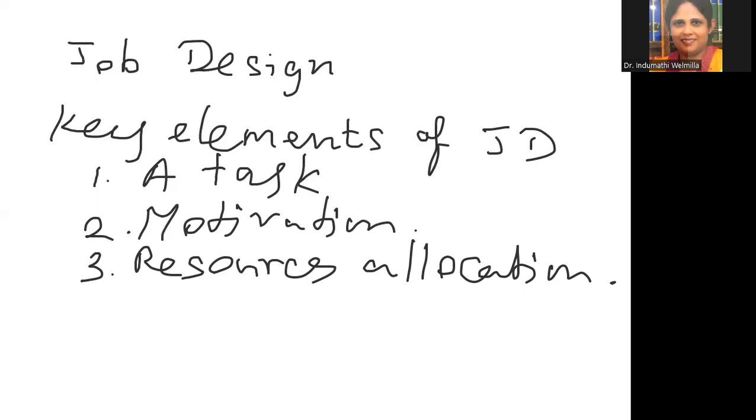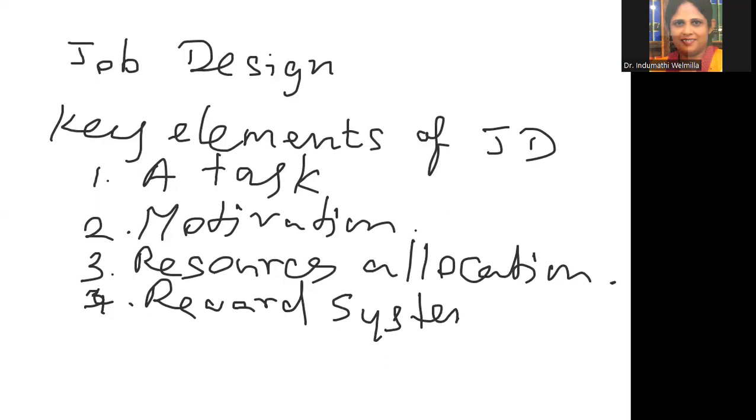Another element of job design is the reward system. The reward system also plays a big role in job design. It includes compensation, bonuses, job security, benefits, and other various reward methods for employees.